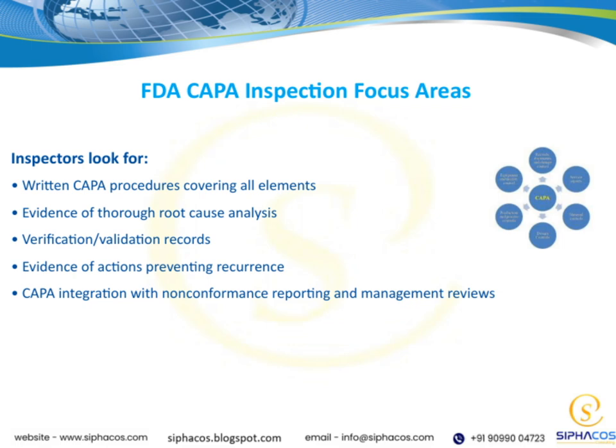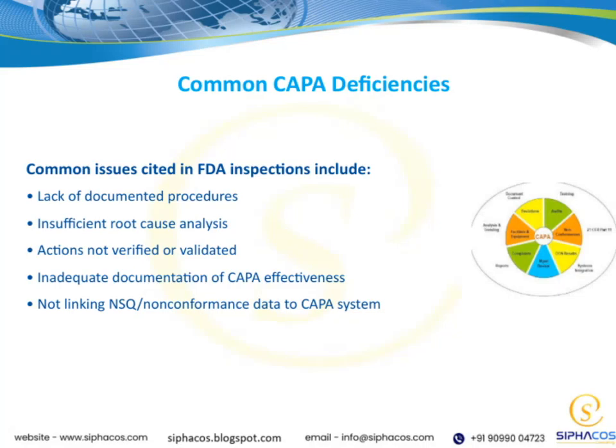Let's take a look at some common CAPA deficiencies that we often see during FDA inspections. One frequent issue is the lack of documented procedures. Without clear, written procedures, it becomes difficult to ensure consistent handling of CAPA processes. Another key point is insufficient root cause analysis.